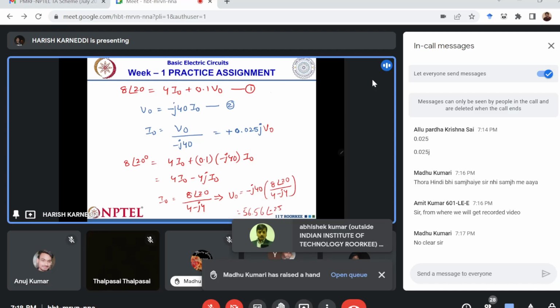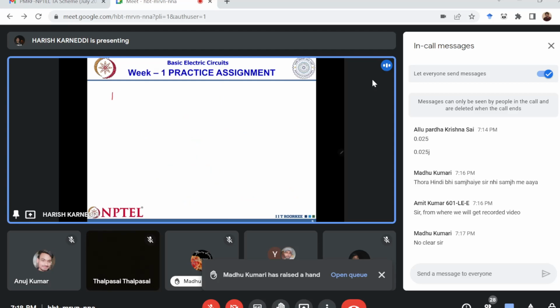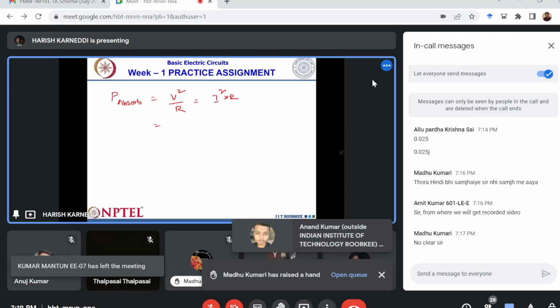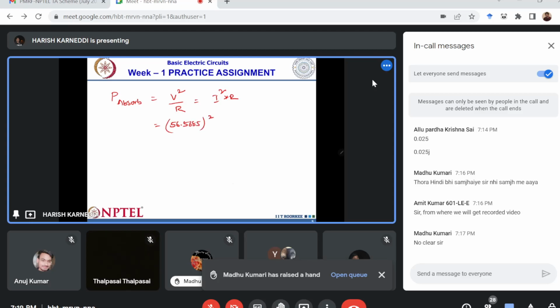What he asked in the question is the average power absorbed by the 10 ohm resistor, right? The power absorbed by the resistor is V square by R, or I square into R. So P equals 56.5685 RMS square by R, where R is 10 ohm.